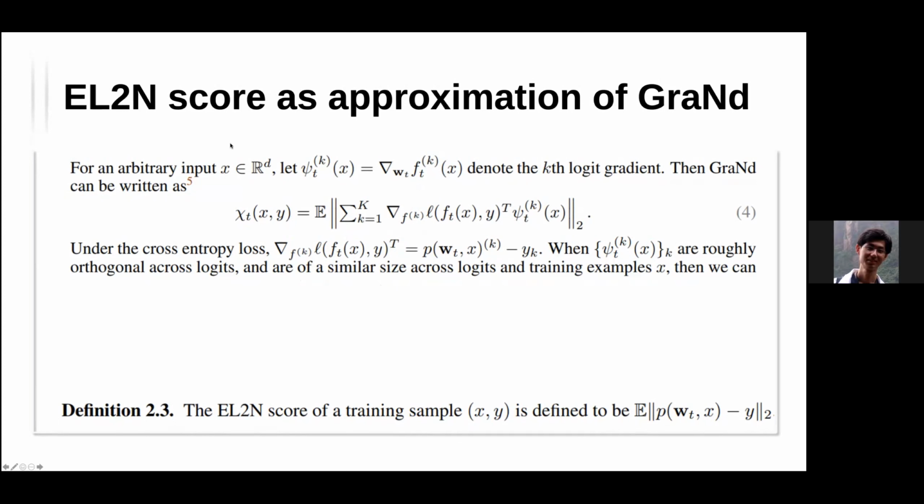I think it is error L2 norm. The error is the difference between the probability and the label, the one-hot vector. Okay, so let's move on.